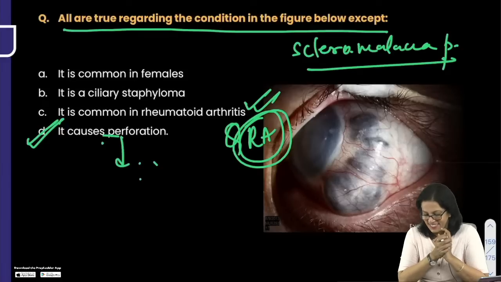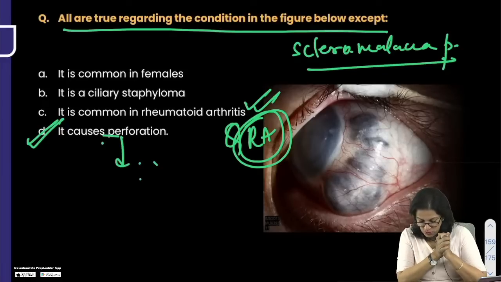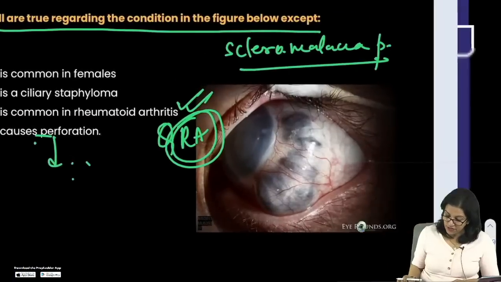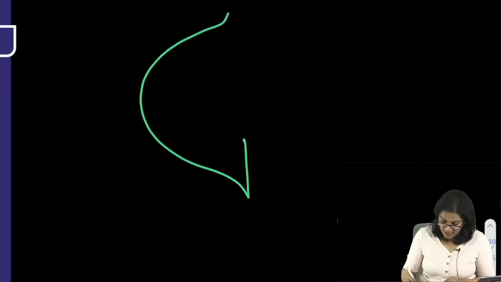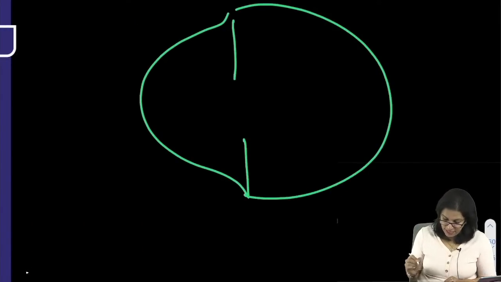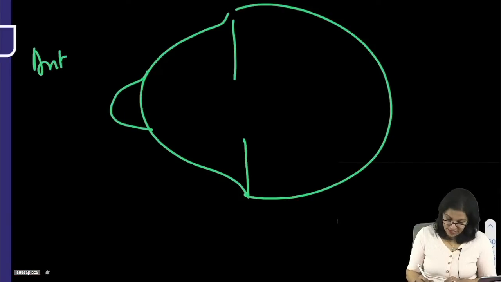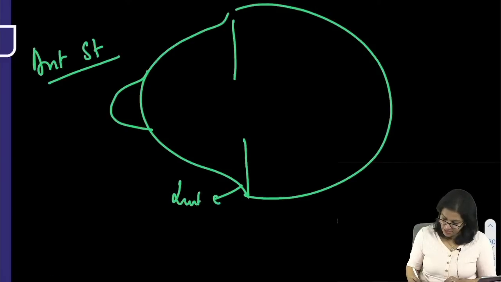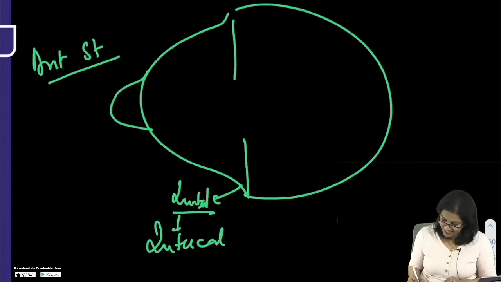So anyway, all are true regarding this condition. Did you get me? And ciliary staphyloma, when I am talking about, a very quick revision of staphylomas: staphyloma means ectasia, and this ectasia, make this diagram, can be from the cornea, then this is anterior staphyloma, right? If it is from the limbal area, this is the limbal area, we call it intercalary staphyloma, isn't it?